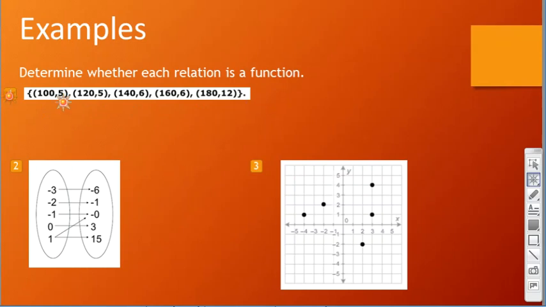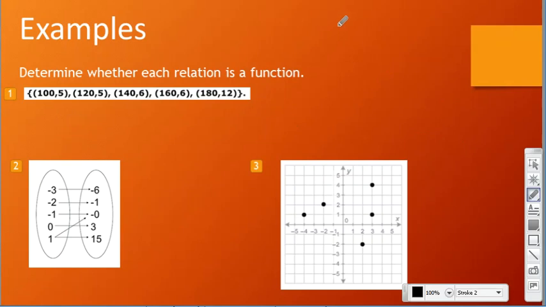Okay, so we can see that we have 100 and it's being paired with 5. We have 120 and it's being paired with 5. We have 140, it's being paired with 6. We have 160 being paired with 6, and we have 180 being paired with 12. So as we look through this relation, there are no elements of our domain that are the same. They're all different. So we have no x values that are being paired with more than one y value.